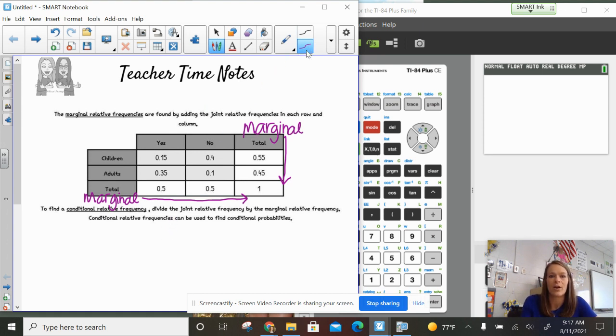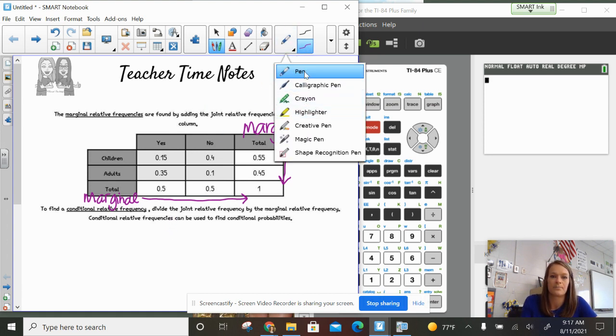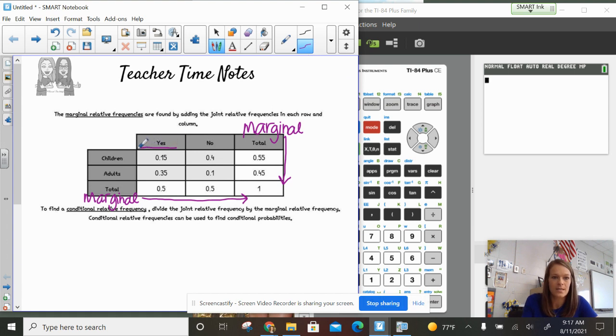These are the ones that are inside of your chart. So these inside of here are called conditional relative frequencies. Now we're going to talk more about what those are, how to find those, how to fill in the charts, and so forth on the next couple of examples. But these are just some terms that you will want to know.